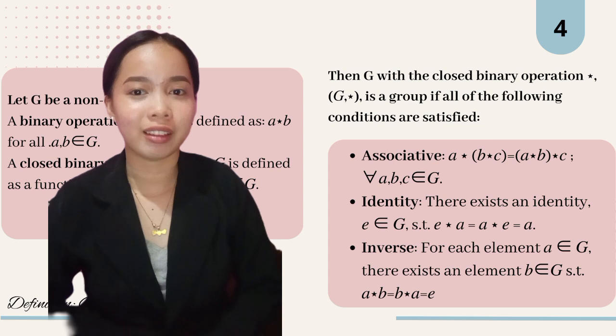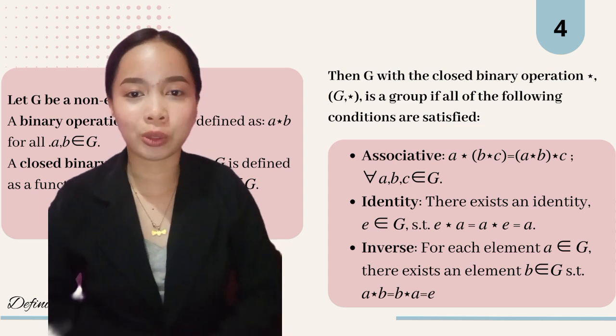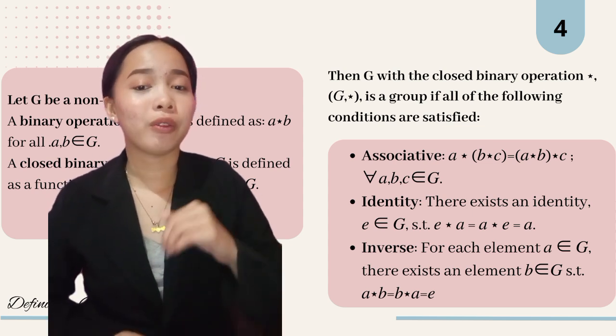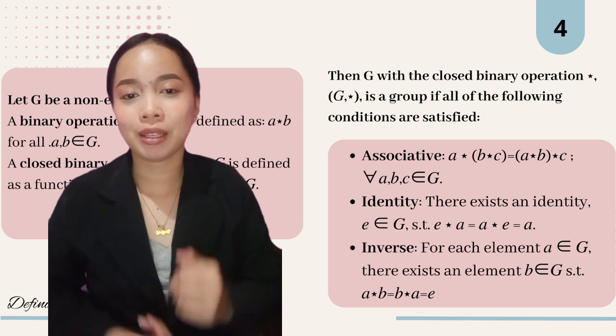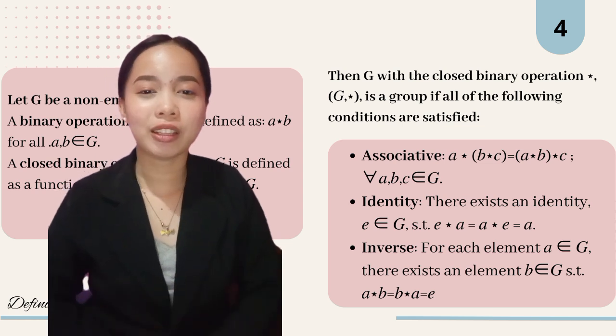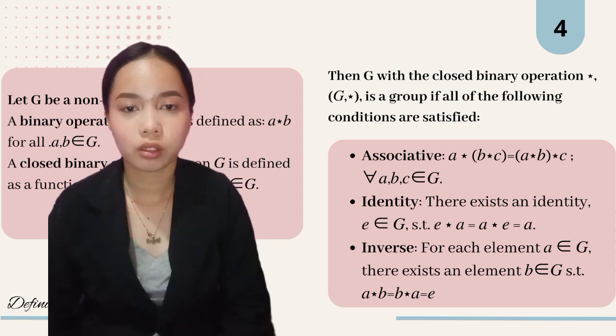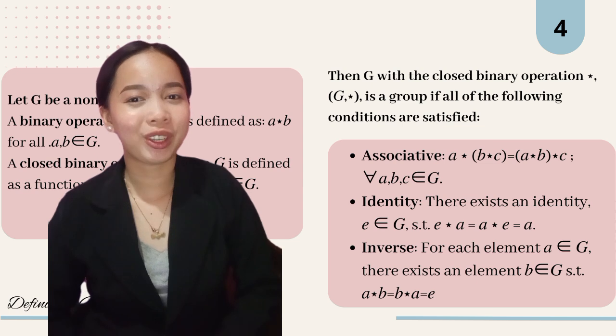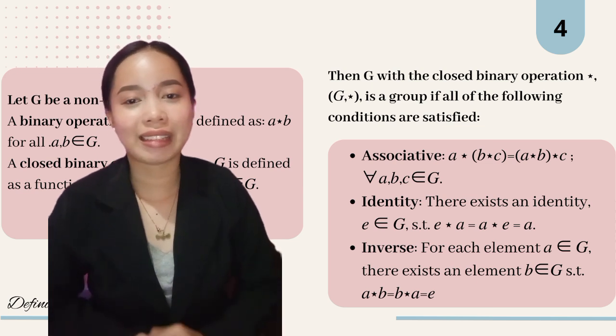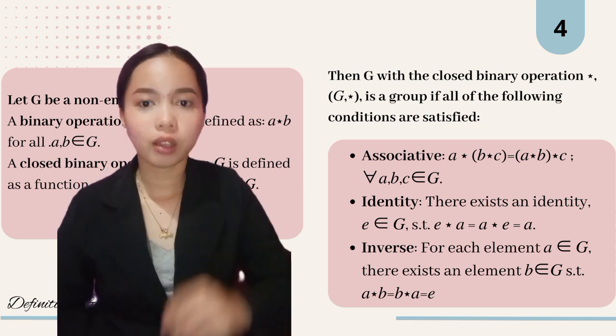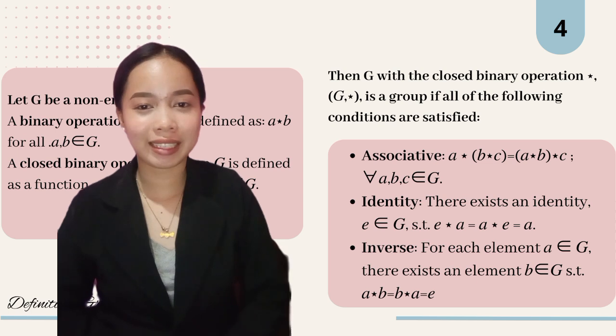First condition is associativity. A star (B star C) is equal to (A star B) star C for all A, B, C elements of G. Next condition is identity.